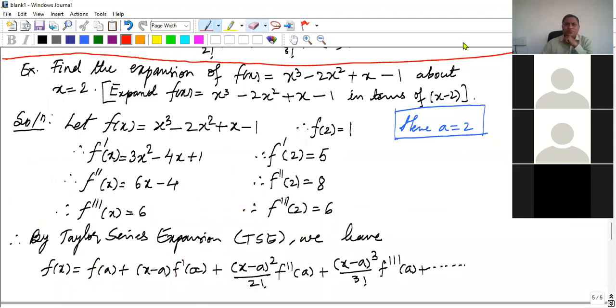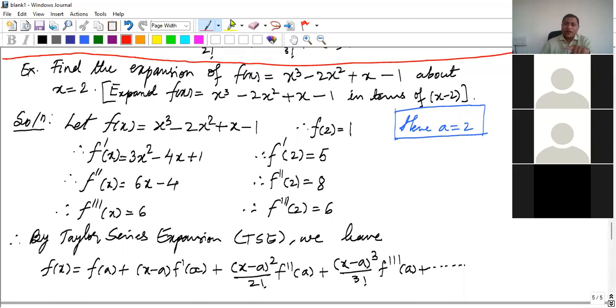Sir, I simplified the answer, so I got the same equation, x cube minus 2x square plus... The function will not change. We are representing the function in a different way.